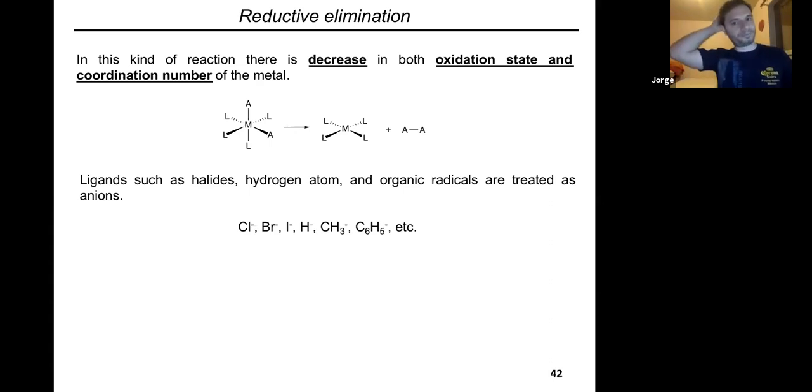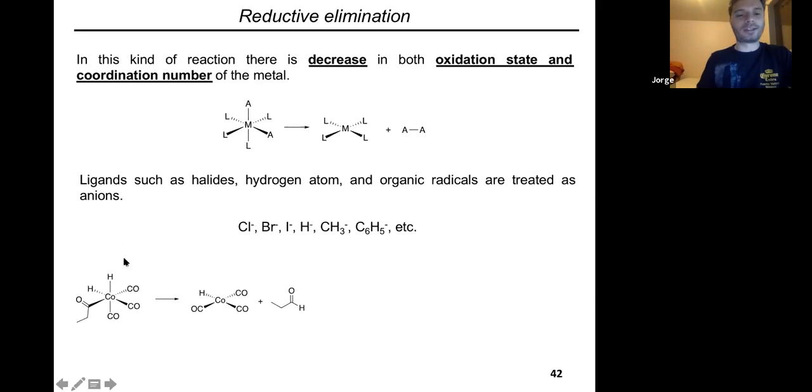So let's do an example to make sure you understand how to identify a reductive elimination reaction.